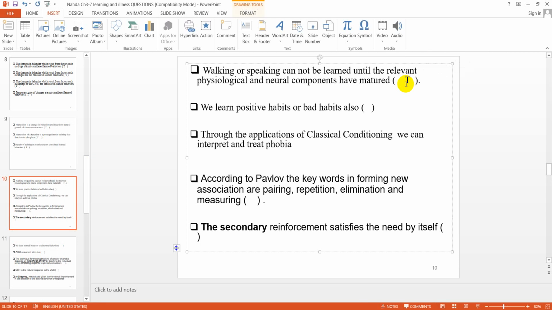We learn positive habits or bad habits also. Yes. Through the application of classical conditioning, we can interpret or explain and treat phobia. Yes.